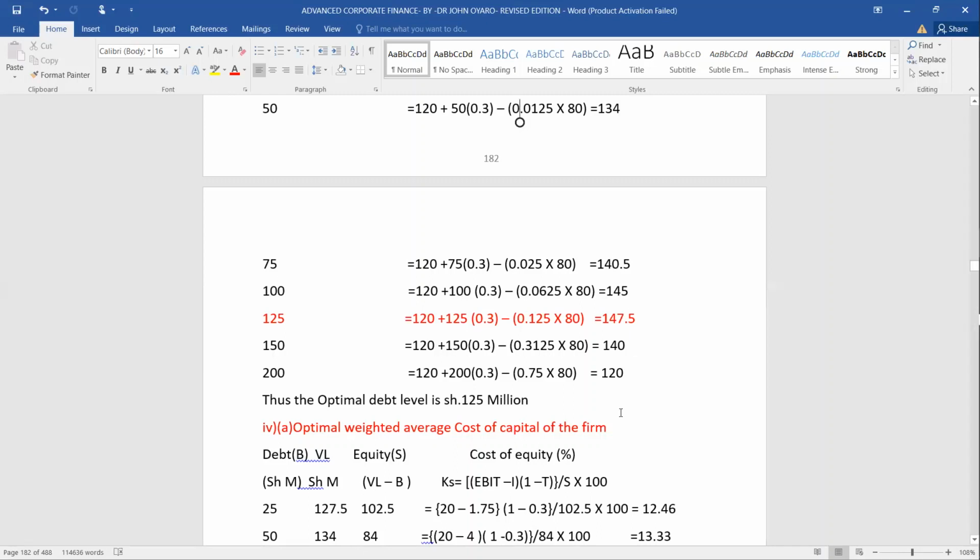That can continue all the way down. Would you please confirm for me? Those ones you are capable of confirming quickly: 100 million, 125, 150, and 200. Are the answers correct for the value of a levered firm?